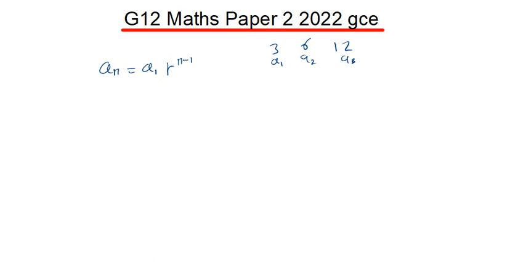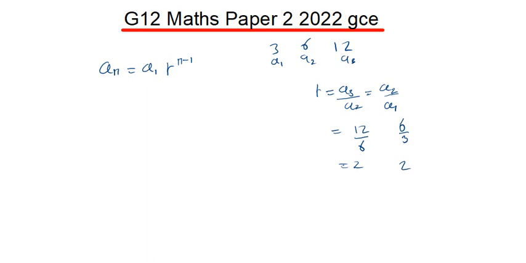Because this is a geometric progression, to find r, our common ratio, I can either say a3 divided by a2, or a2 divided by a1. I'm still going to get the same thing. For example, 12 divided by 6 gives you 2. Now 6 divided by 3, we're still going to get 2.